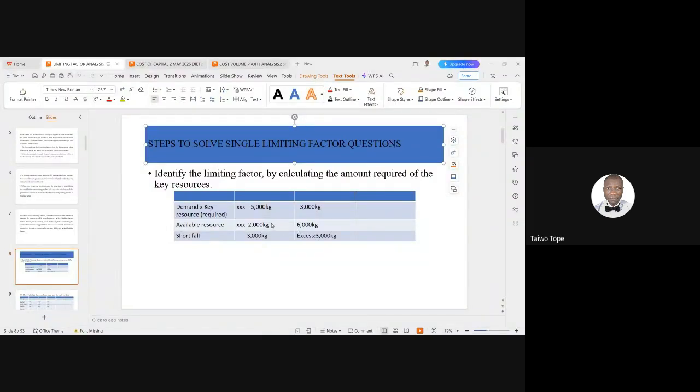by calculating the amount required of the key resources. Now, how do you do that?